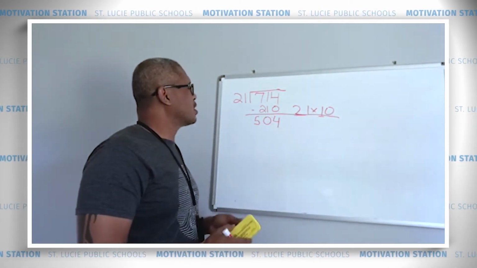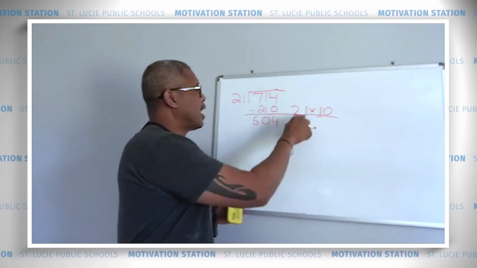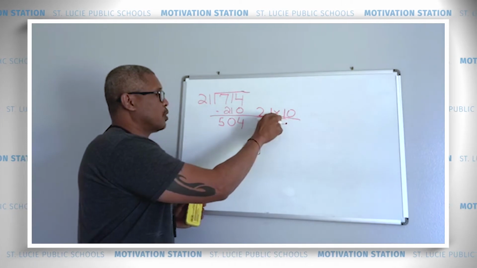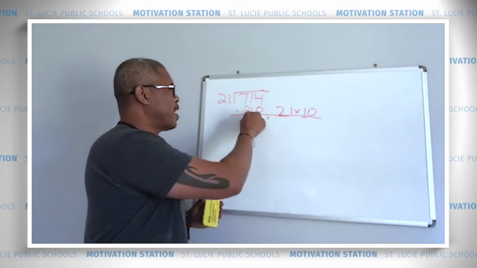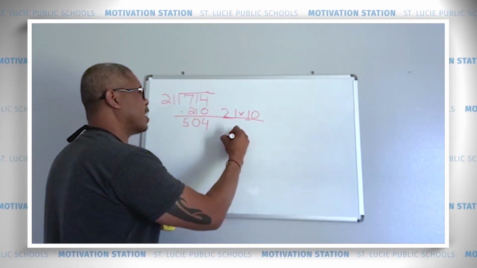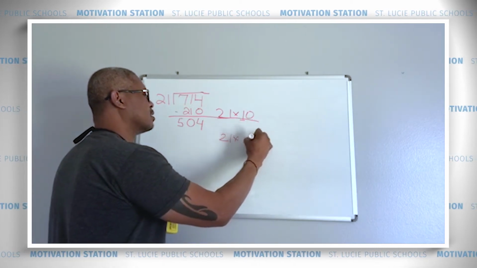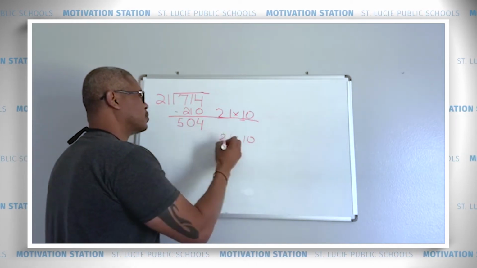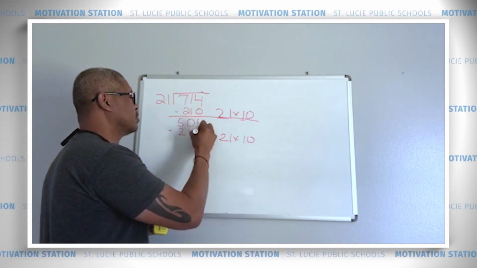So now I can ask myself again: 21 times what can get me 504? Well, I used a multiple of 10 before, and that got me 210. So I can use 21 times 10 again, which gives me 210.